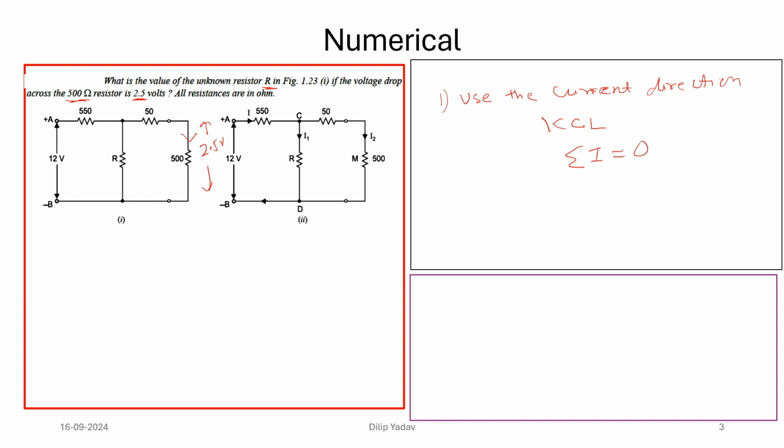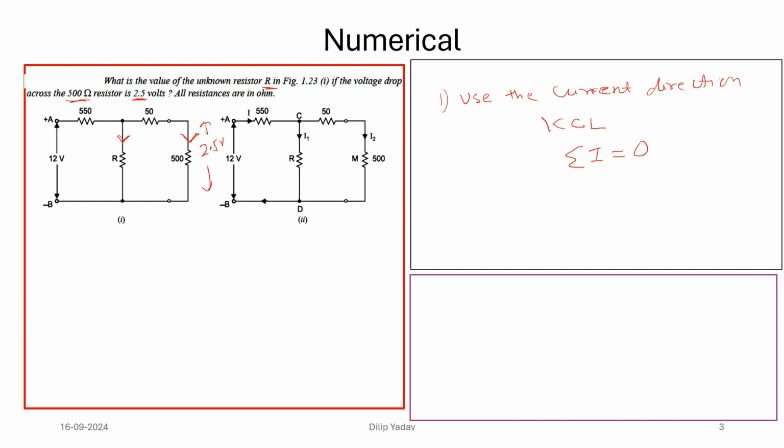All the resistances are given in ohms, and now we need to find the unknown resistance R if the voltage drop across this is 2.5. We know that these three are connected in parallel.